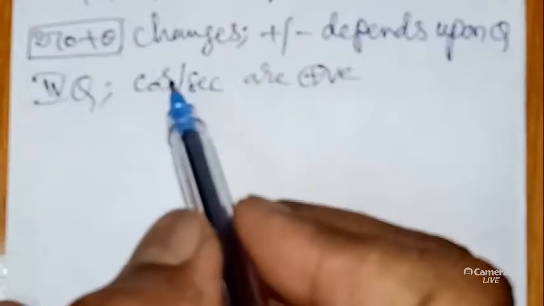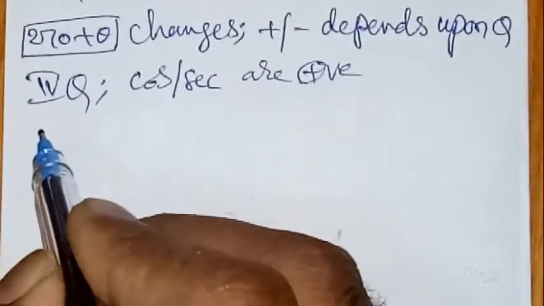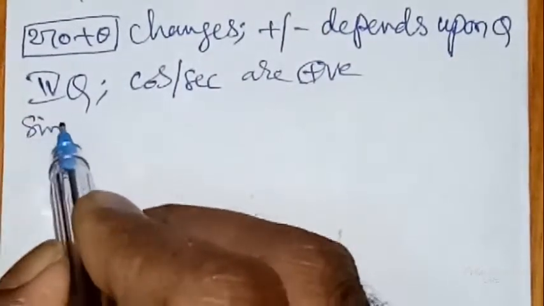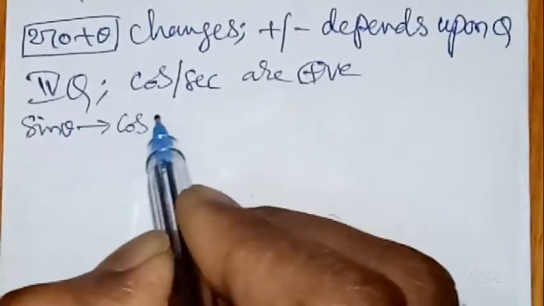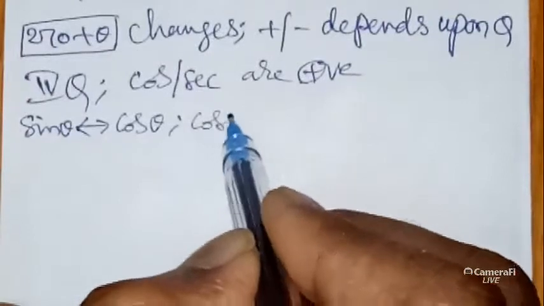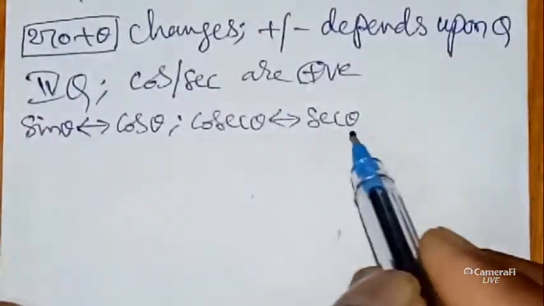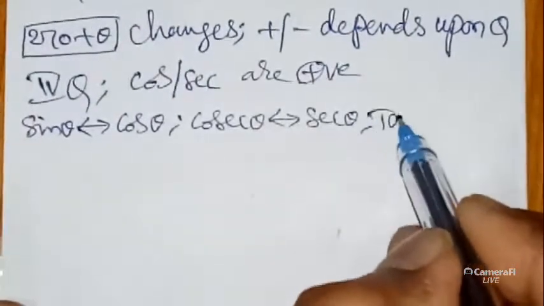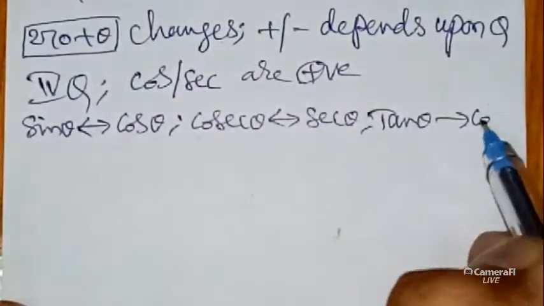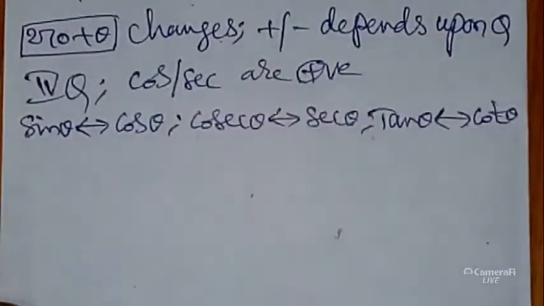Now I wanted to tell you changes are applicable in this 270 plus theta. So changes are applicable means sin theta is changing to cos theta, cos theta is changing to sin theta, cosecant theta is changing to secant theta, secant theta is changing to cosecant theta, tan theta is changing to cot theta, cot theta is changing to tan theta.